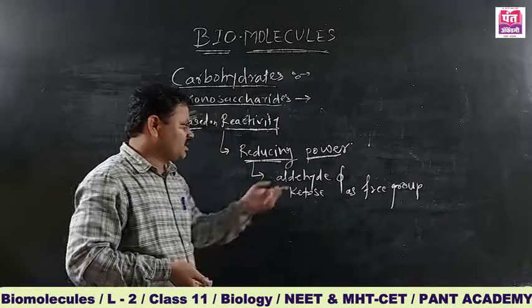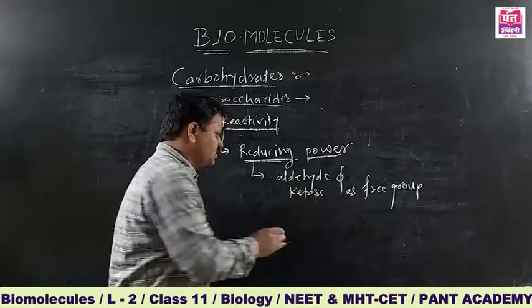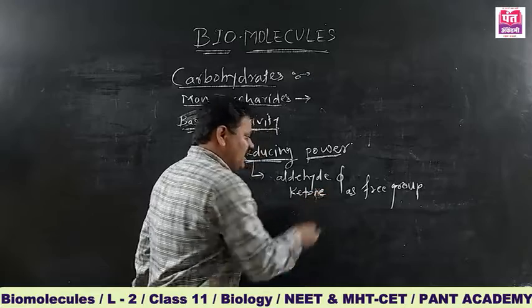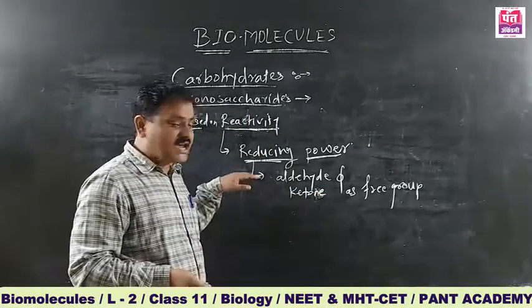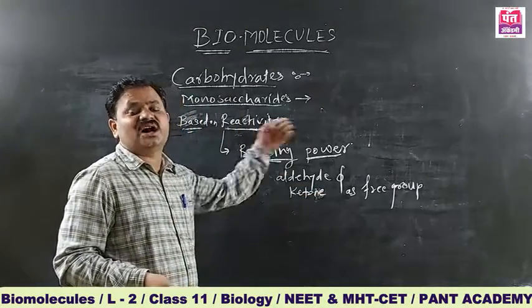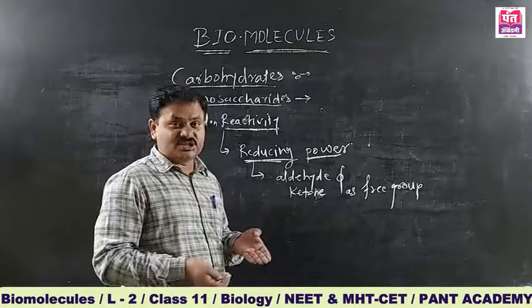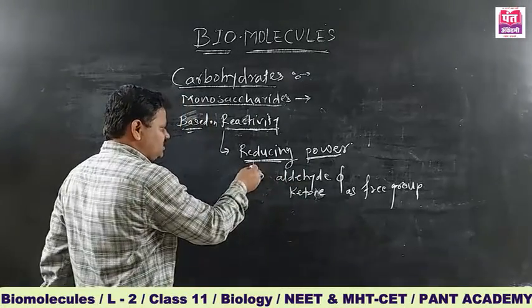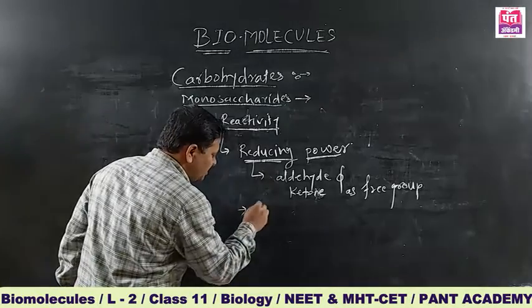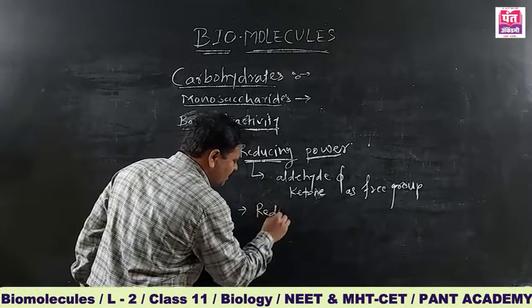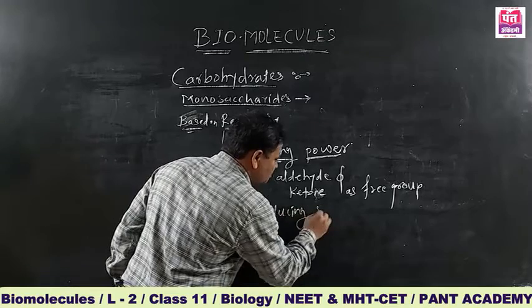If it has an aldehyde and ketone as a free group to react with or to reduce other kinds of reagents, then these kinds of sugar are called reducing sugars. These are the reducing sugars.